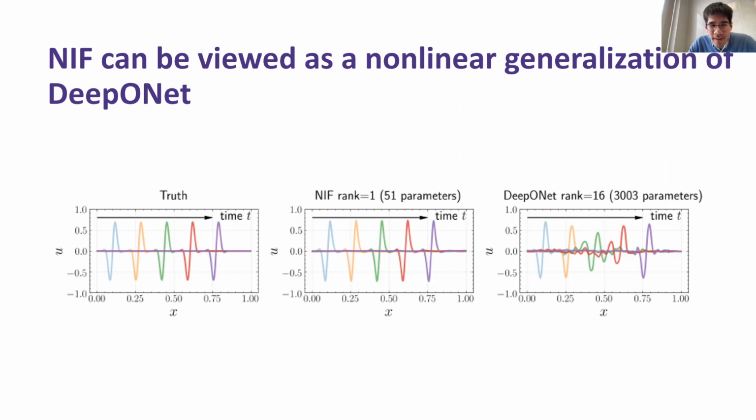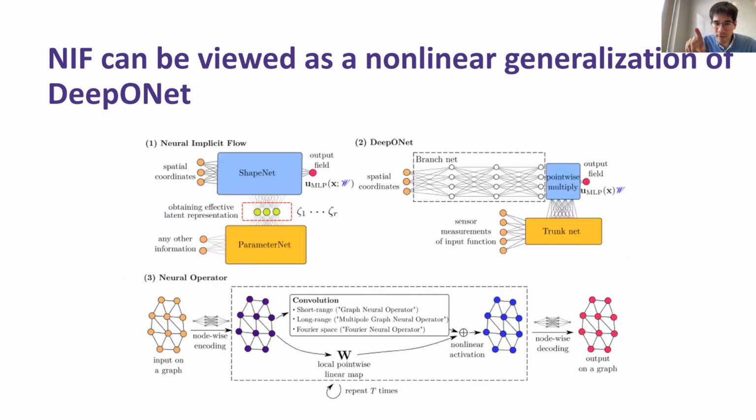Anyone else have questions? Maybe another one for me in the meantime. In your ParameterNet, if I understand well, you have a bunch of nonlinear layers from the parameter to the latent representation.